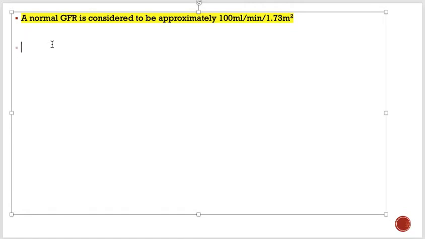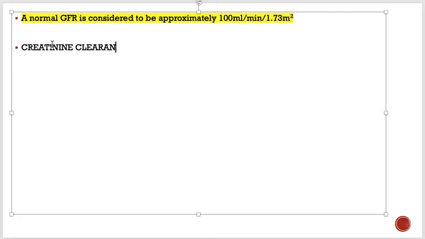Now, the creatinine clearance is a useful indicator of the GFR, glomerular filtration rate. What we do is basically another way, which is called creatinine clearance.